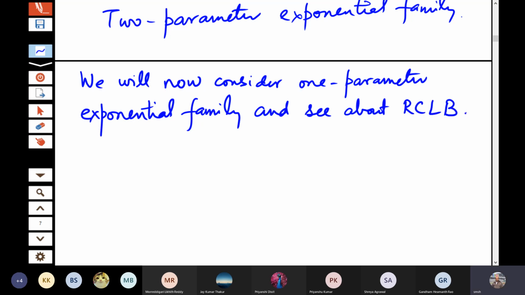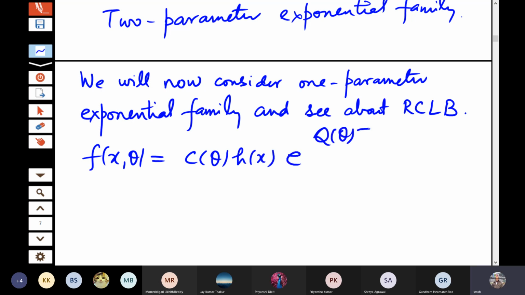What happens about the Rao-Cramer lower bounds here? So let me write the standard form in which I have written the 1-parameter exponential distribution. That is c(theta) h(x) e to the power q(theta) t(x). So in order to obtain the lower bound, you have to consider log of f(x; theta).